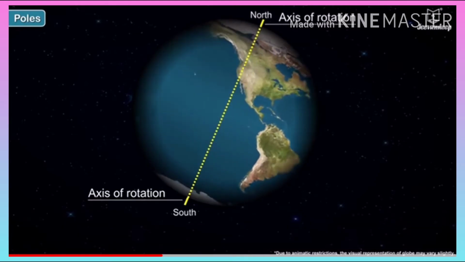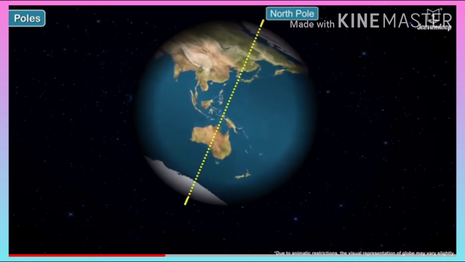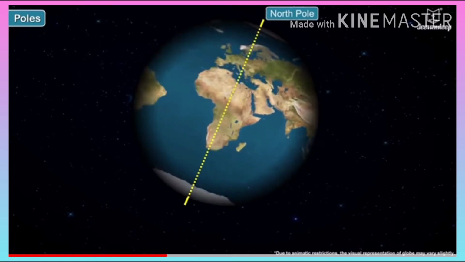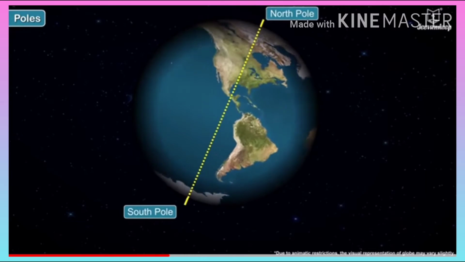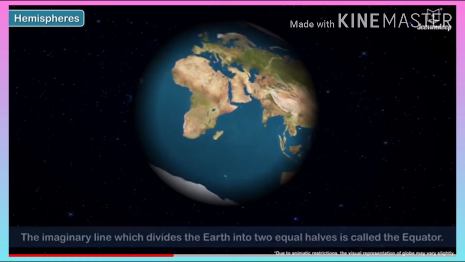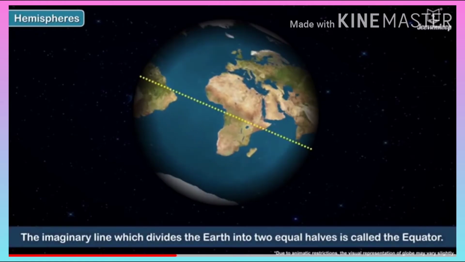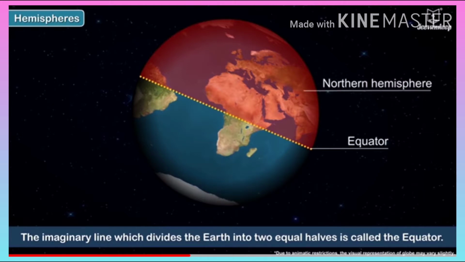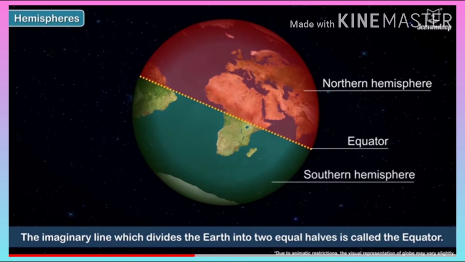The northernmost point is the North Pole and the southernmost point is the South Pole. Hemispheres. The imaginary line which divides the earth into two equal halves is called the equator. The area lying above the equator is called the northern hemisphere, and the one lying below it is called the southern hemisphere.